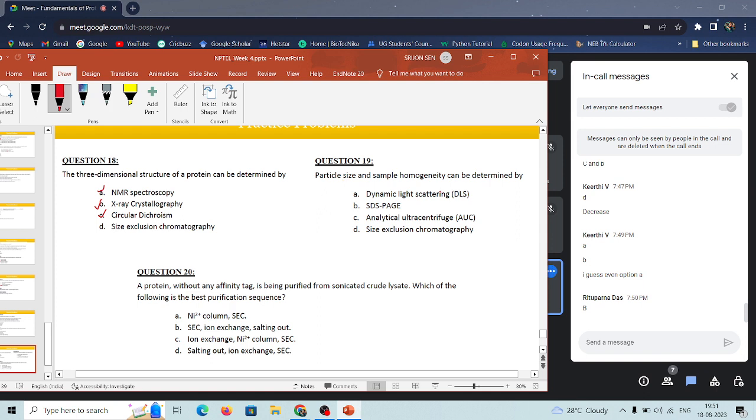Now particle size and sample homogeneity can be determined by. So how can you understand the particle size and the sample homogeneity of a particular protein? Using which technique?